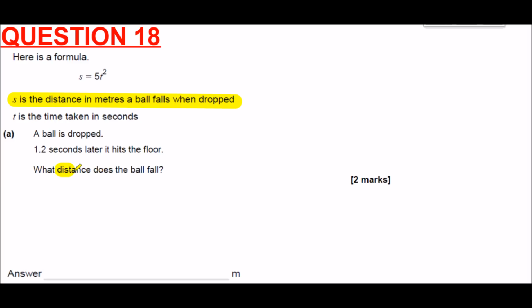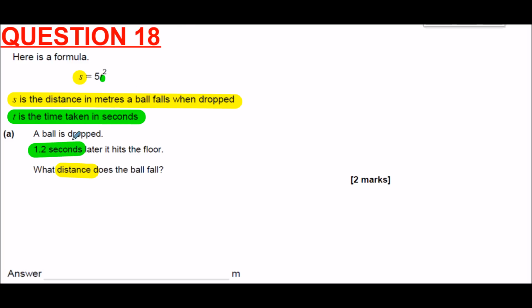So we're asked for the distance, we're asked to work out what S is. And so S is 5 multiplied by t, the time, squared, and t is a time in seconds, which again, we're told, is 1.2 seconds.